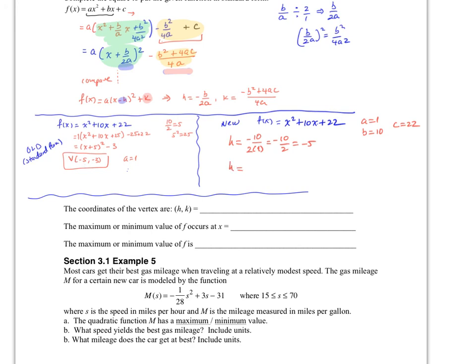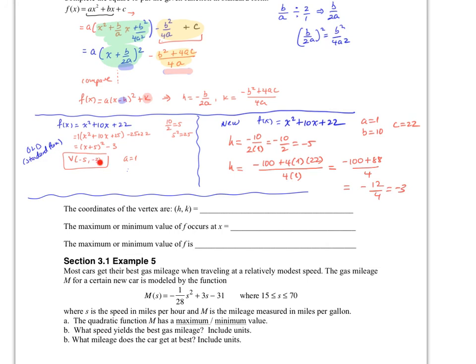And then for the k coordinate, you plug it into this formula. So this will be minus b squared, that will be minus 100, plus 4 times a times c, divided by 4 times a. So this will be minus 100 plus 88 over 4, or minus 12 over 4, which is negative 3.